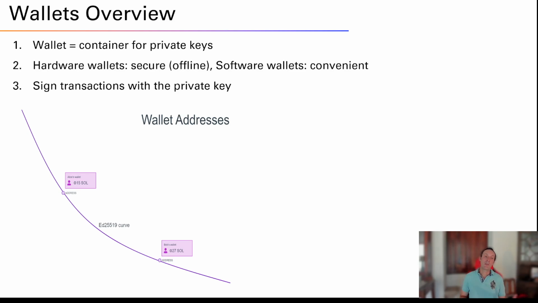In terms of wallets, and by the way, I know these concepts are sometimes difficult to wrap your head around, and even I've worked with this for many years, and sometimes I still need to refresh my memory on how all of these things work, because on and off, for instance, I need to generate a digital signature of a document programmatically, and I need to refresh my memory.